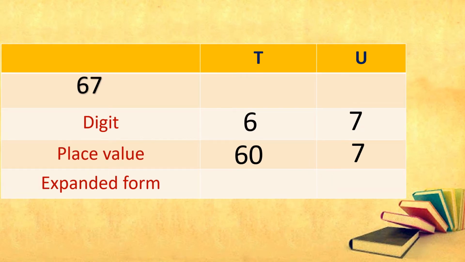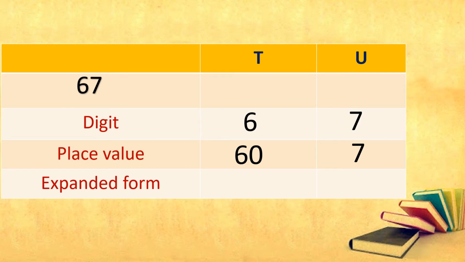Now, let us see another example. Here, number 67 is given. In number 67, digit 6 is on tens place and digit 7 is in ones place.